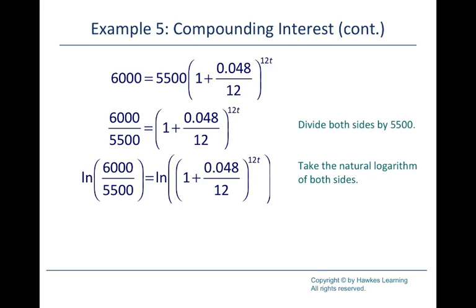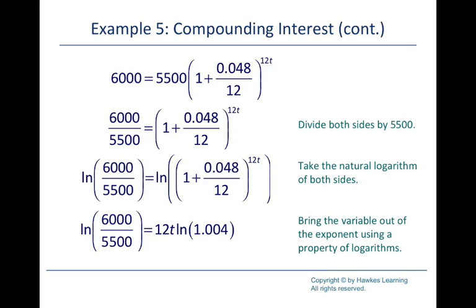So anyway, what we've done now, you can see we're going to bring the 12t in front. We're going to bring our exponent in front and multiply that by the natural log. And in this case, they have gone ahead and combined the part on the right, and that comes out to be 1.004. Okay, so we want to solve for t, so we have to divide by the 12 and the natural log of 1.004 to get t by itself.